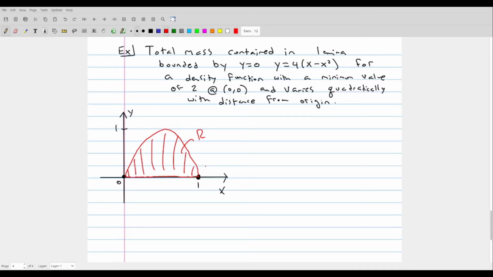Not only that, but we have an exact verbal description of the mass density function. So the function that has a minimum value of 2 at the origin, or when x equals 0 and y equals 0, and varies quadratically with distance from the origin, is the following function.